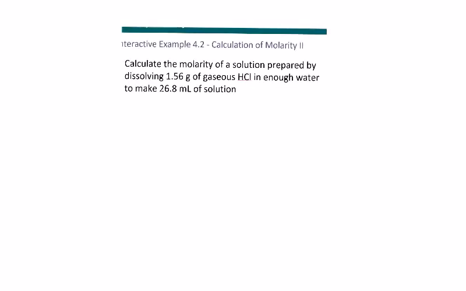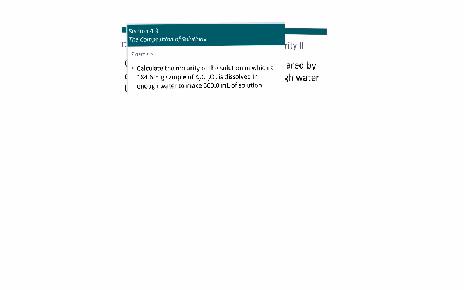So the first problem that we can work is one like you would see in Chem 1. Calculate the molarity of a solution in which 186.4 milligram sample is dissolved in enough water to make 500 milliliters of solution. Okay, so in this problem, we want to find M. This is what we want.